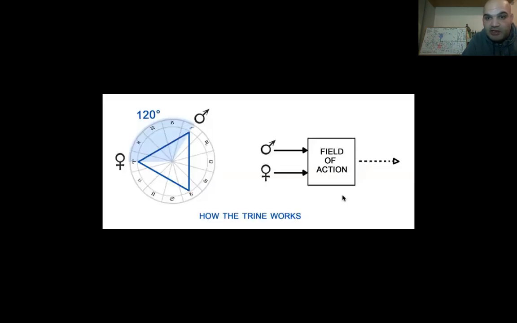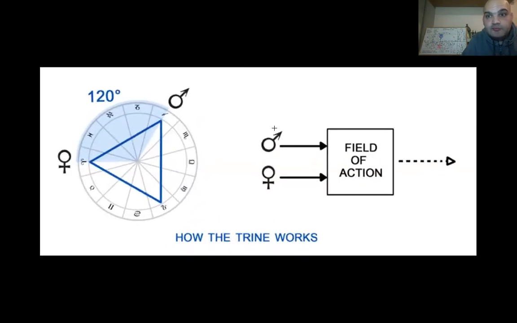So usually when there is a trine, it's usually 3 signs of the same element. In this diagram, you can see you have Mars in Sagittarius, Venus in Aries, and then you could have, for example, another planet here in Leo.